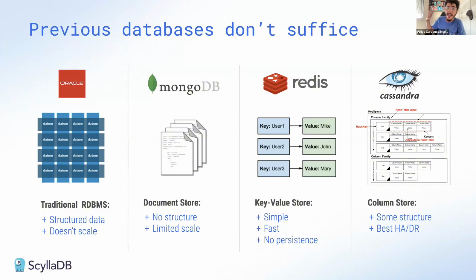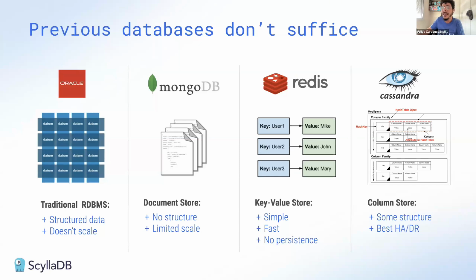We then have solutions like caches, and here the example is actually Redis. And I love caches. Guys, they are super fast, but unfortunately, unless you have the budget, you can't store an entire data set in memory. And not every workload out there can work as a simple key value store. And then we get to the last group of databases, which are like Apache Cassandra, DynamoDB, or Bigtable.